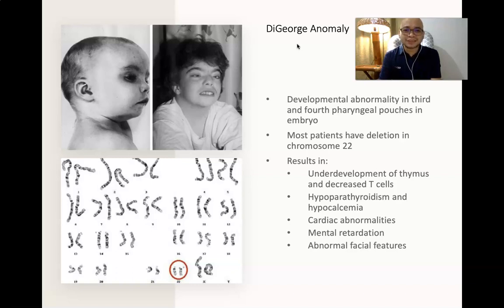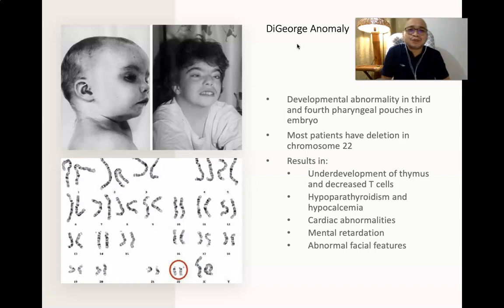Most patients have deletions in chromosome number 22. Because of the abnormality in the third and fourth pharyngeal pouches, you'd expect that person to have an underdeveloped thymus. And the thymus is where T cells are educated, so there would be a decreased number of functional T cells.